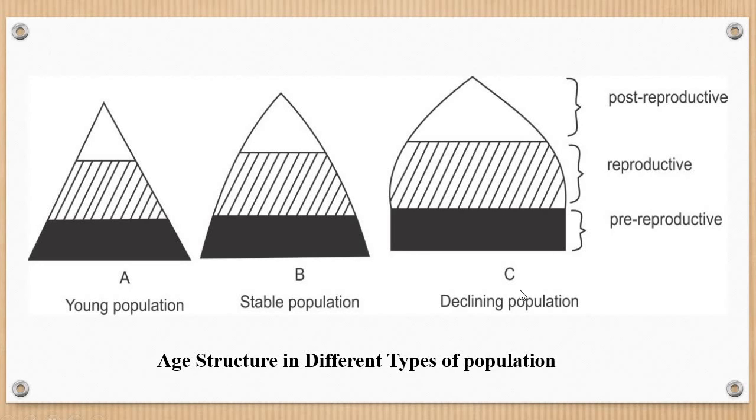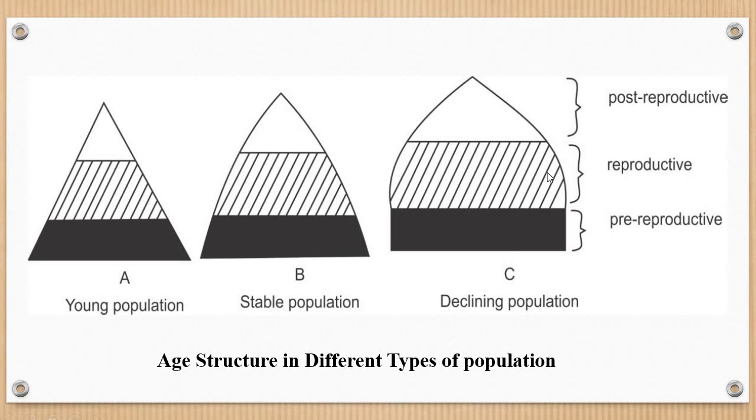Now here in this case, declining population, the number of post-reproductive or old age individuals is more, right? It is more, and compared with that the number of reproductive individuals is also more, but here there is no such big bell observed in the pre-reproductive individuals.